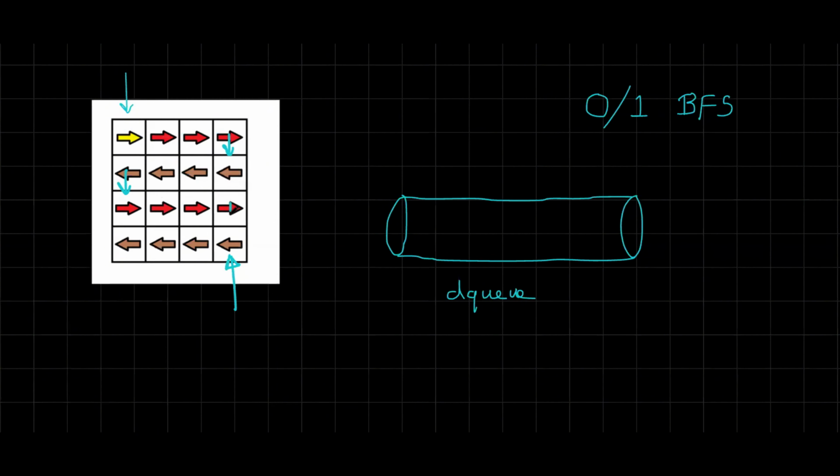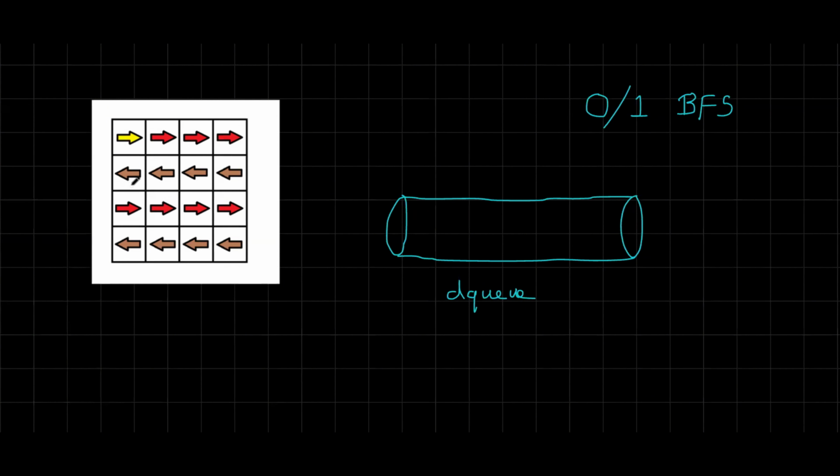Now again, if we flip into downwards, then by using this path, we can easily go to the destination cell. So here, what is the minimum number of flips we have to perform? It is 3. So this is the problem statement. I hope you understand it.